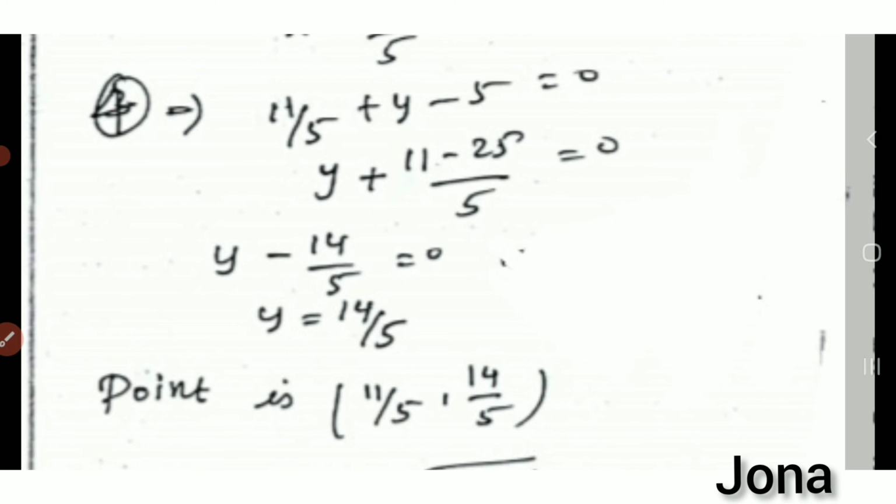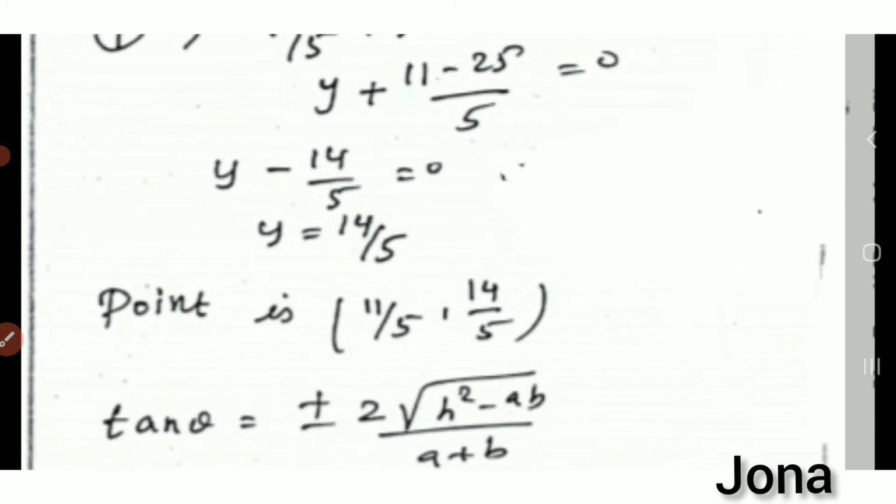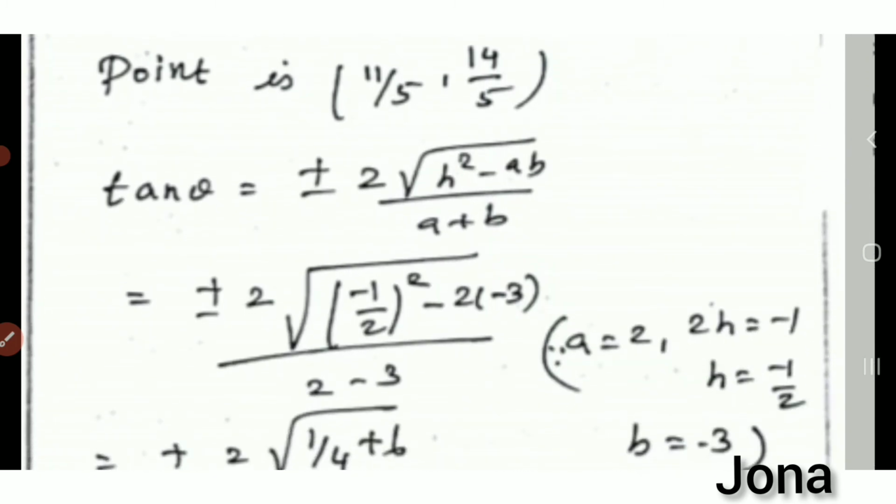The first answer is over, and then again we want to find tan theta. That means we want to find theta equal to tan inverse of 5, isn't it? So we have the formula tan theta equal to plus or minus 2 into root of h square minus ab by a plus b. Here already we have the values: a equal to 2 and 2h equal to minus 1, h equal to minus 1 by 2, then b equal to minus 3.